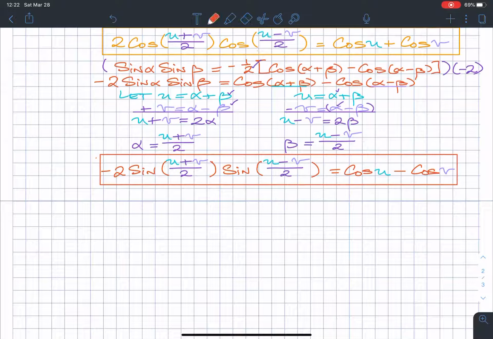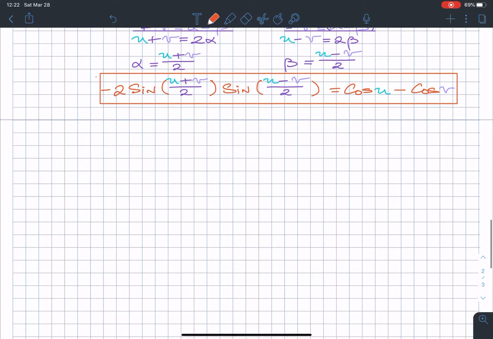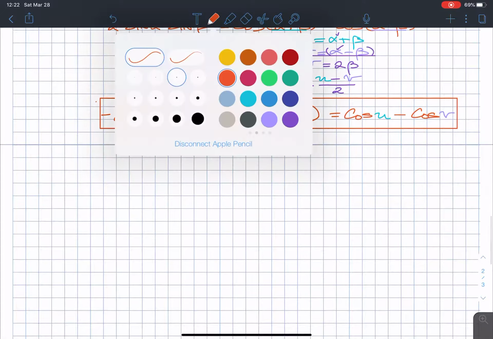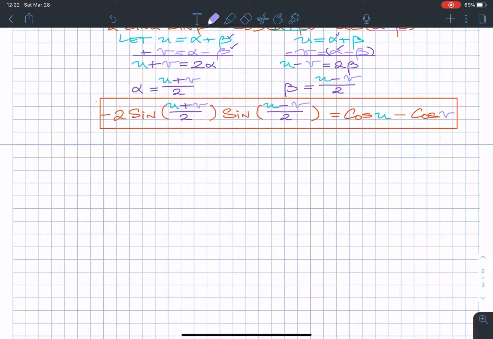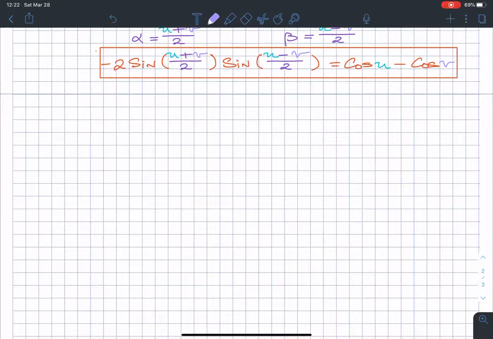Okay, so this would be a sum and or difference. So what's going on? This would be the sum to product identities. Now remember, a difference is really a sum of negative numbers, so it is still under the same heading. So I'm going to say the sum to product identities.